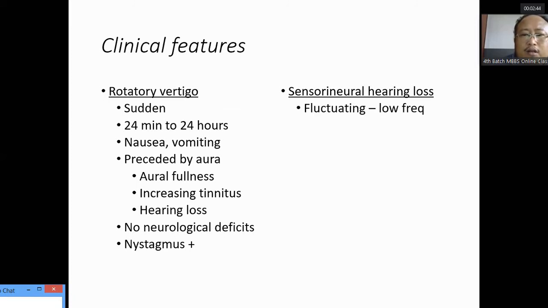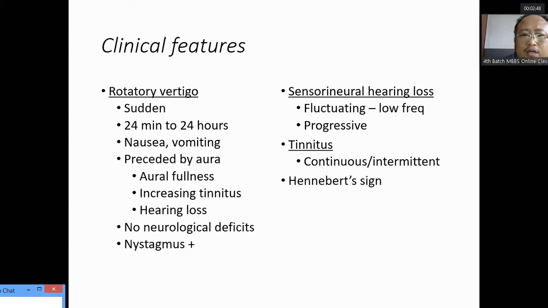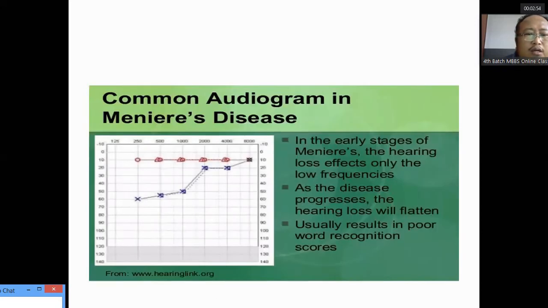Sensorineural hearing loss, low frequency, fluctuating, progressive. Tinnitus may be continuous or intermittent. Usually the audiogram in the early stage shows low frequencies involved, that is 125, 250, 500, 1000 Hz.